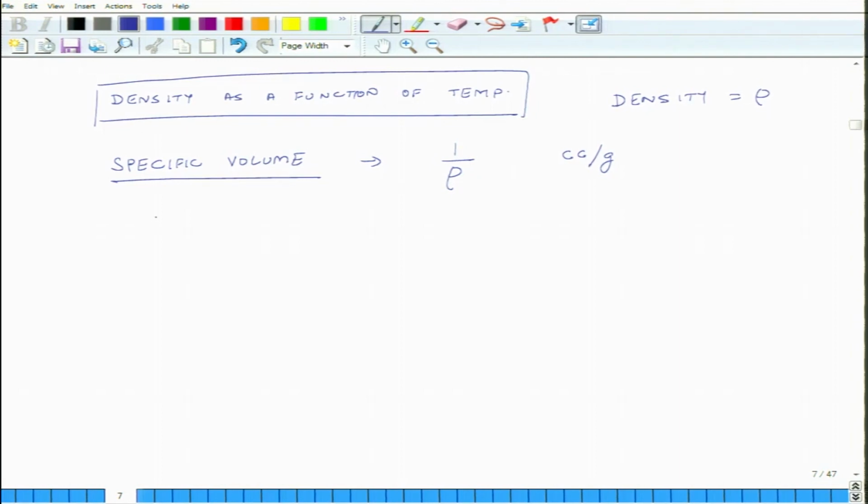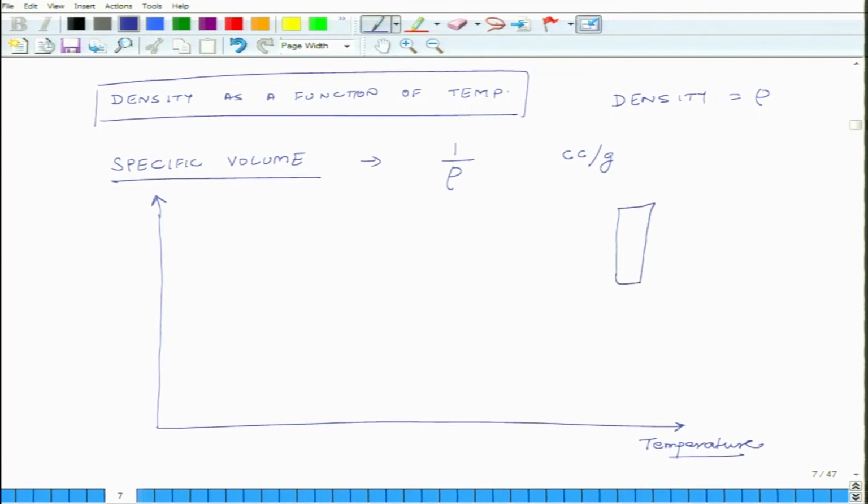Okay. So what we will do is we will generate a plot. On the x axis we will have temperature. So what is it that we are doing? We are taking a piece of plastic. In this case it is a thermoplastic.